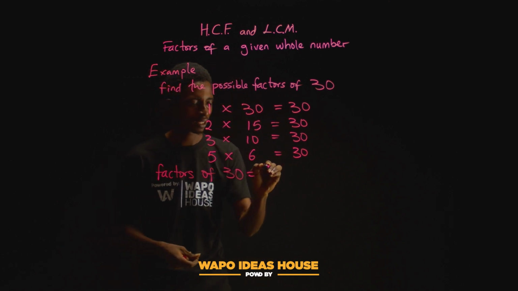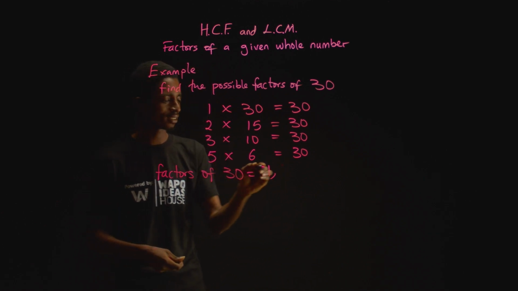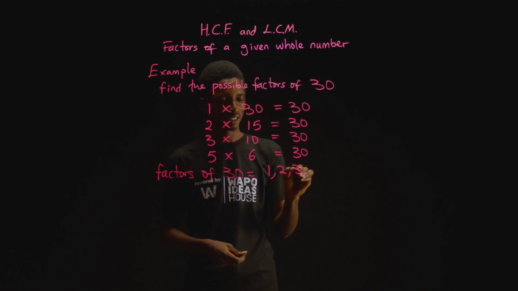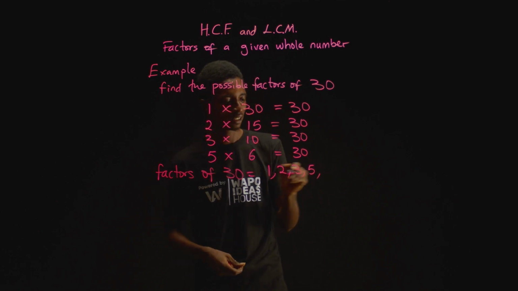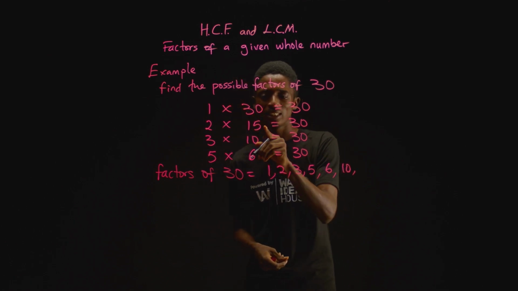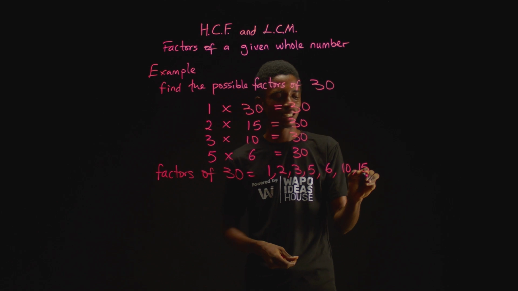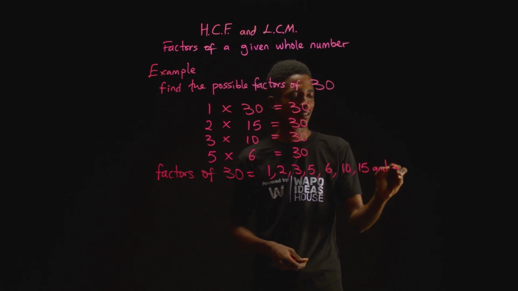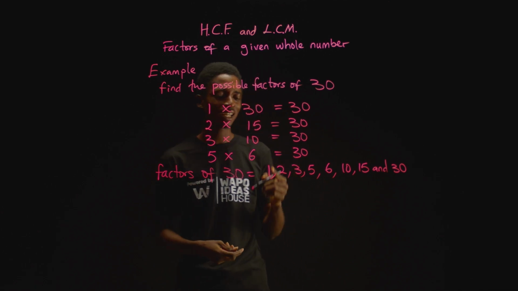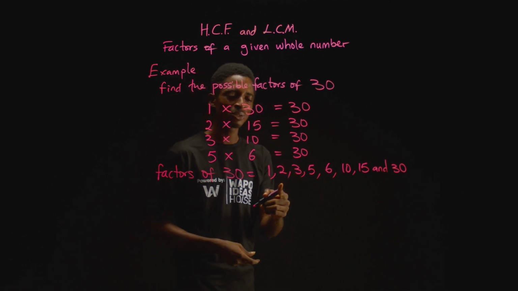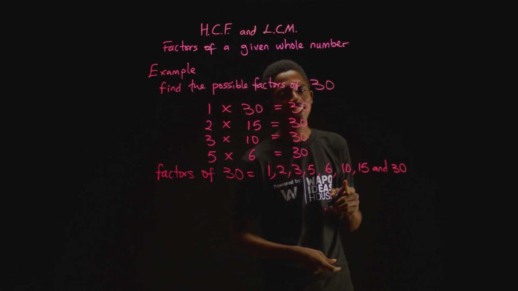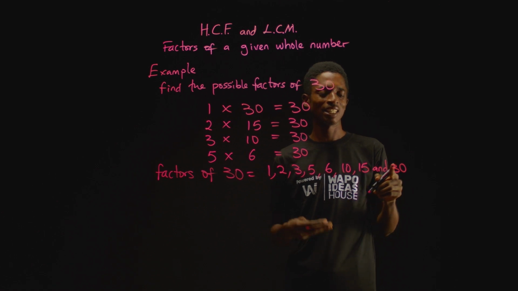We have the number 1, then 2, and then 3, 5, 6, 10, 15, and 30. That is, the factors of 30 are 1, 2, 3, 5, 6, 10, 15, and 30.